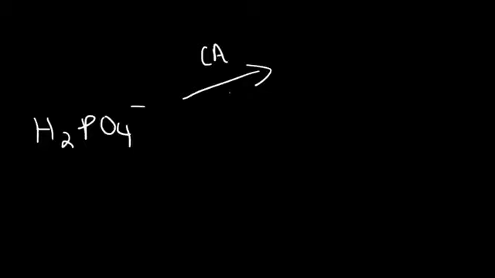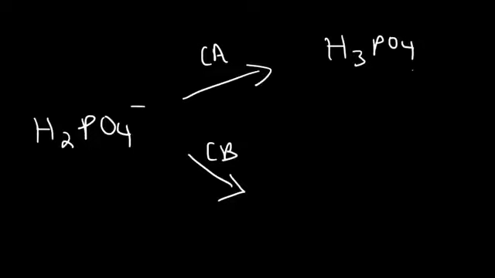Write the conjugate acid and the conjugate base. So we have to add a hydrogen. This will turn into H3PO4. So that's the conjugate acid. For the conjugate base, we have to take away a hydrogen and then decrease the charge by 1. -1 minus 1, that's -2. So now you know how to identify and how to write the conjugate acid and conjugate base of a substance.